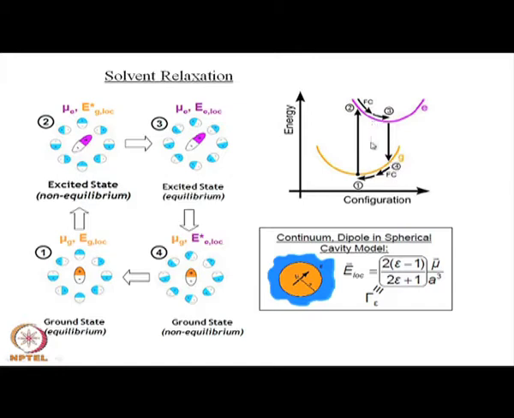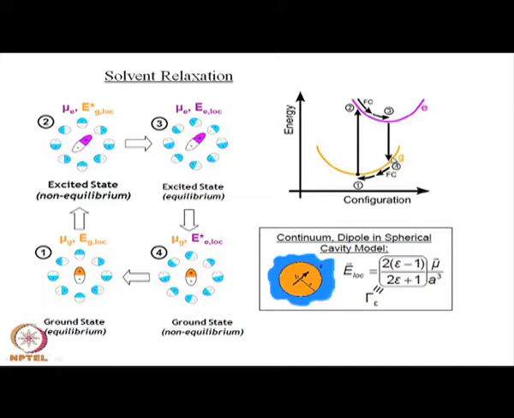Here you can also get red shifted emission compared to this, that is emission from a non-equilibrium excited state, or maybe similar to a locally excited state. You see it is the most red shifted emission which you are getting from here.